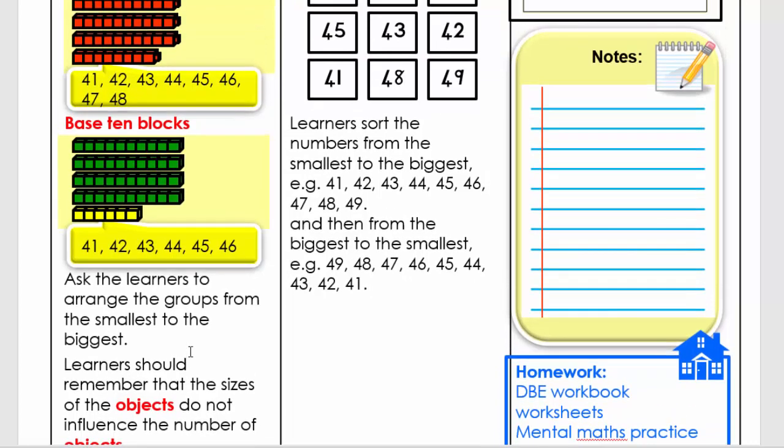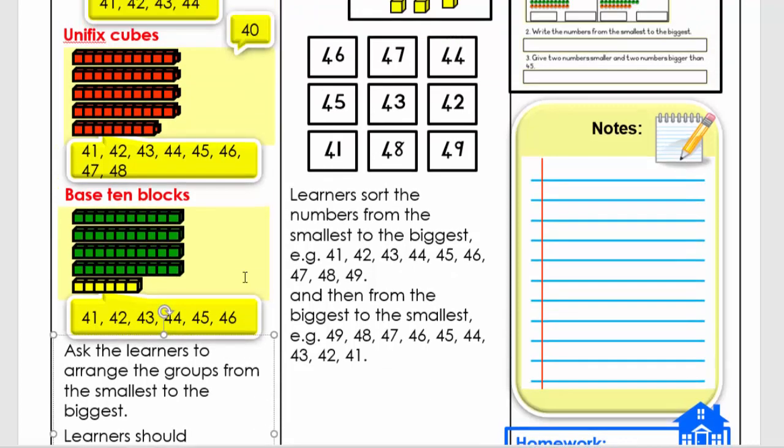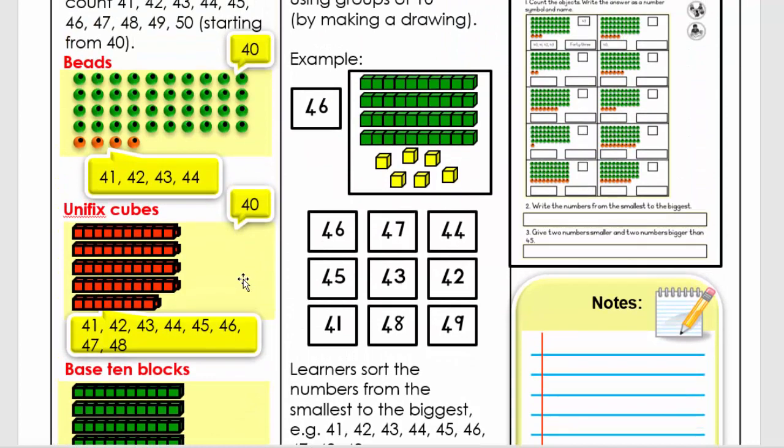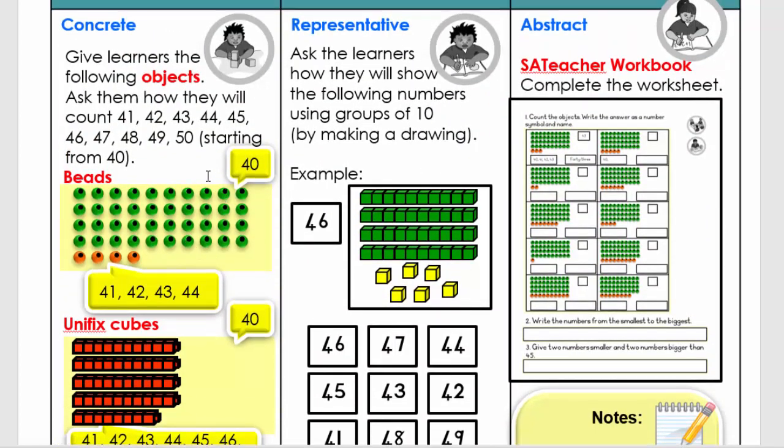So a big block and a small block, it's still one. A very important concept that they need to understand. So you can pause and do some practical activities.